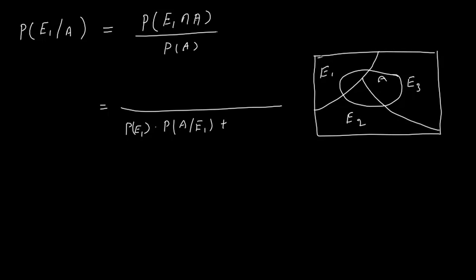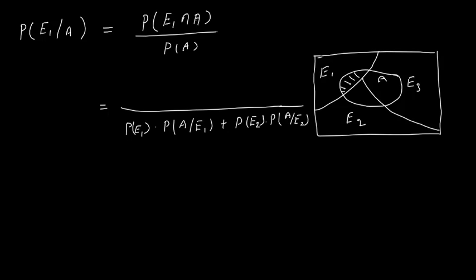plus I want to find probability of this A. So this A, how can I get? I will first find probability of E1 into probability of A by E1, that will give me this part, then plus probability of E2 into probability of A by E2.